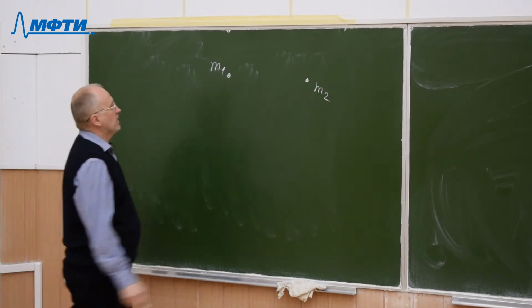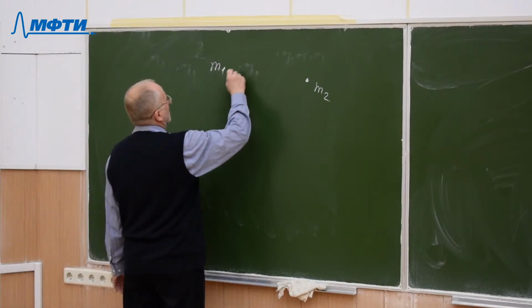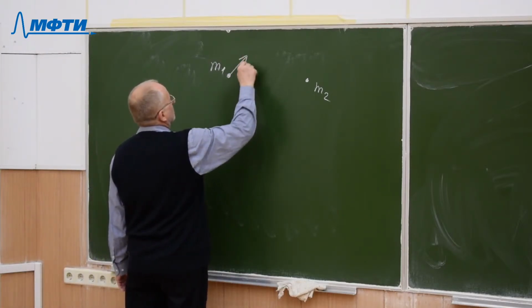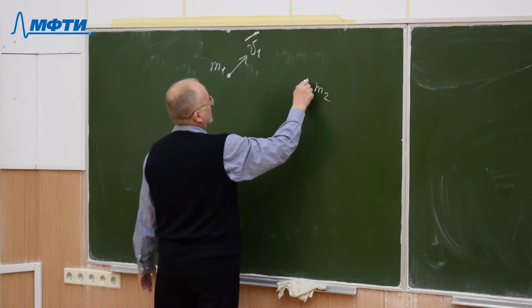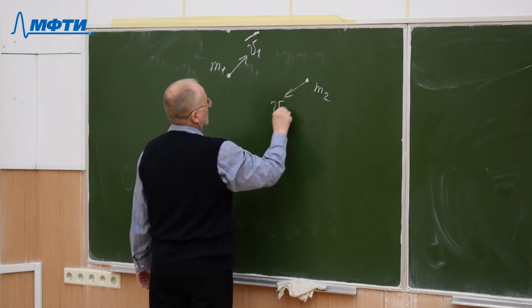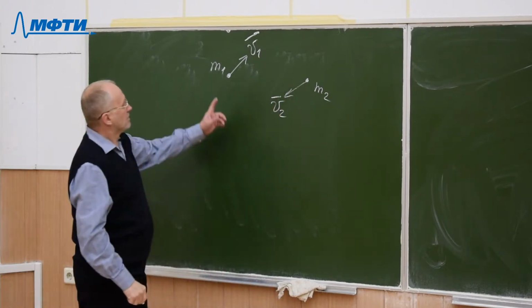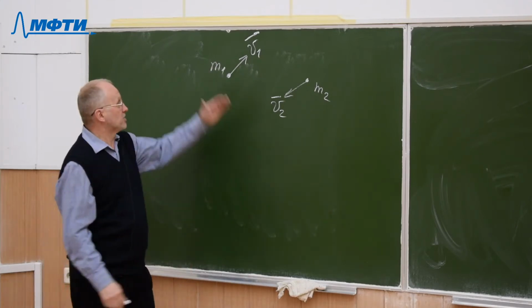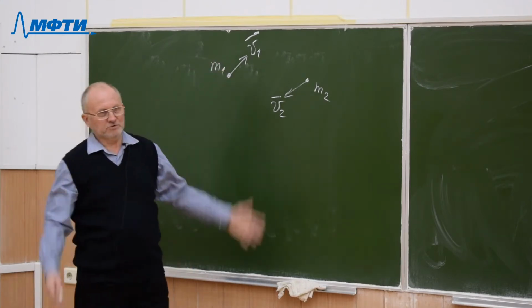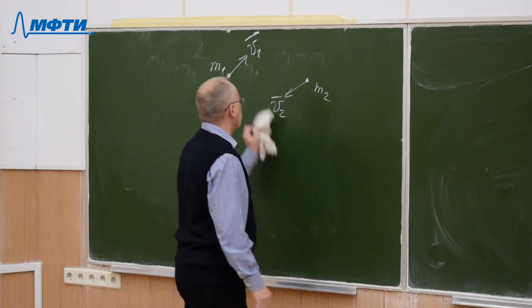And these particles have some arbitrary velocities, v1 and, well, anything, v2. I try to draw arbitrary vectors. They should not be parallel. Arbitrary vectors, let them be not parallel.